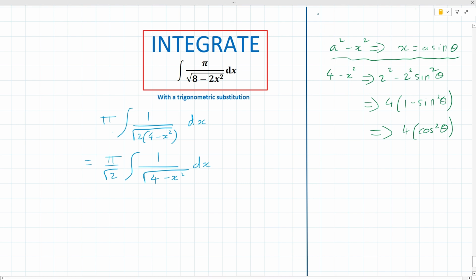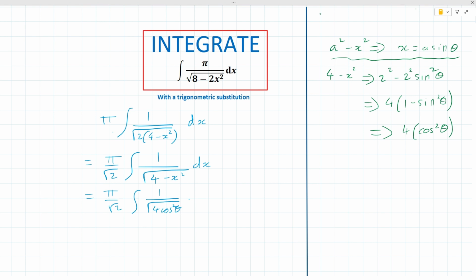Using the work that we've done here, we can say that this is equal to pi divided by root 2 times the integral of 1 over, and so we're changing the 4 minus x squared into the square root of 4 cos squared theta, and we're going to have to change the dx as well here. So let's do that on the side. Whenever you do a substitution, it's important to change theta in terms of x and vice versa.